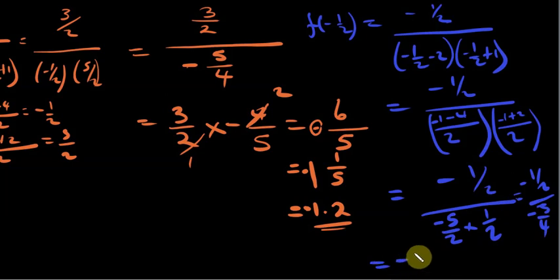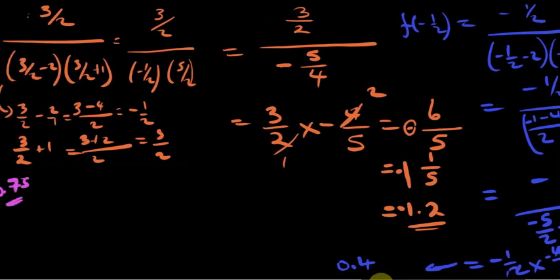So minus 1/2 multiplied by the reciprocal, minus 4/5, gives positive 2/5, which is positive 0.4.